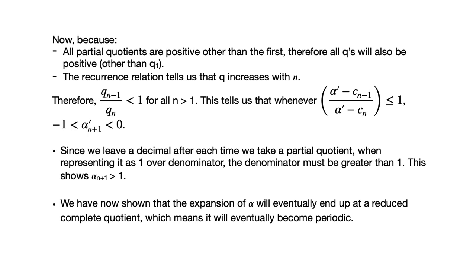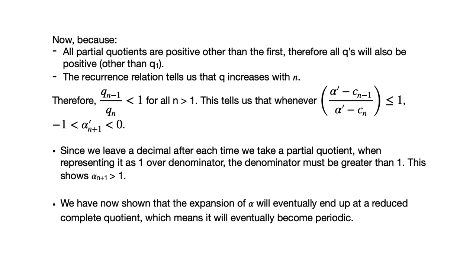This tells us that whenever the second part is less than or equal to 1, the entirety of alpha_{n+1}' is going to be between -1 and 0. And since we leave a decimal after each time we take a partial quotient, when representing it as 1 over some denominator, the denominator must be greater than 1 to represent this decimal. Therefore, alpha_{n+1} is going to be greater than 1.